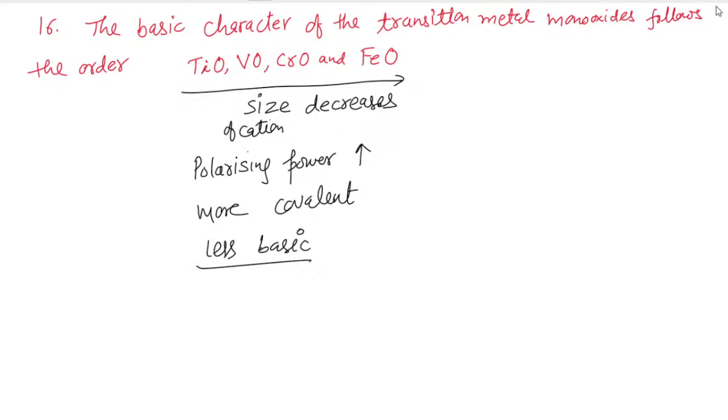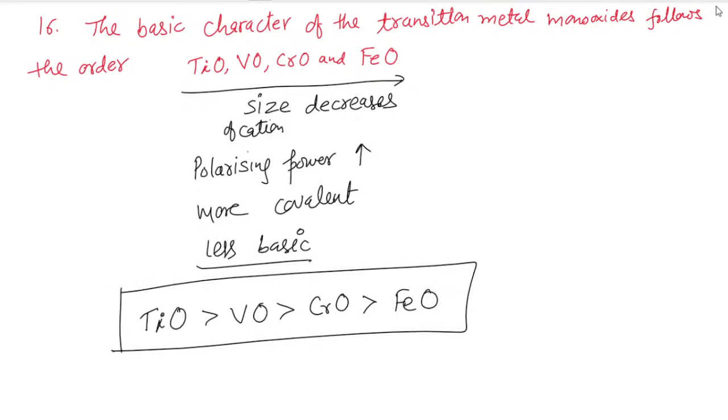So titanium oxide is more basic than vanadium monoxide, which in turn is more basic than chromium monoxide and then iron monoxide. So this is the order.